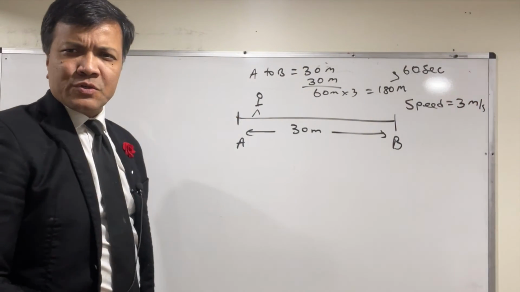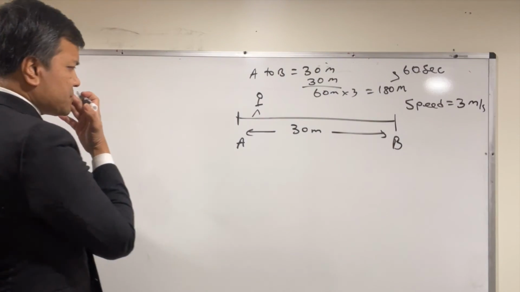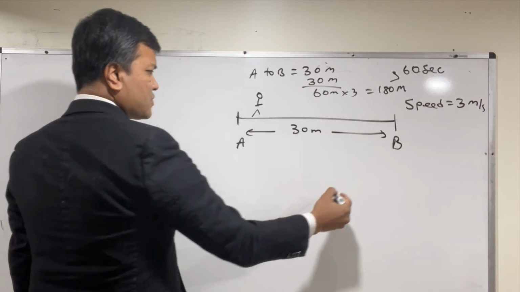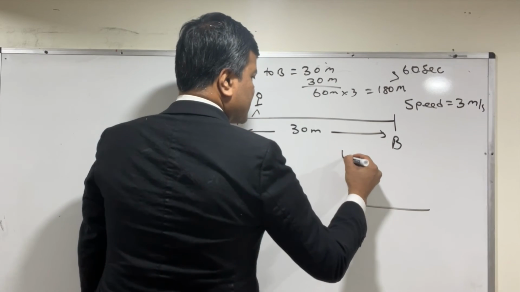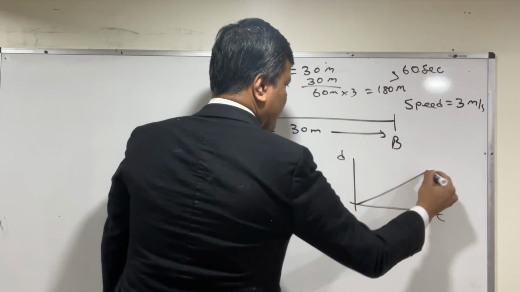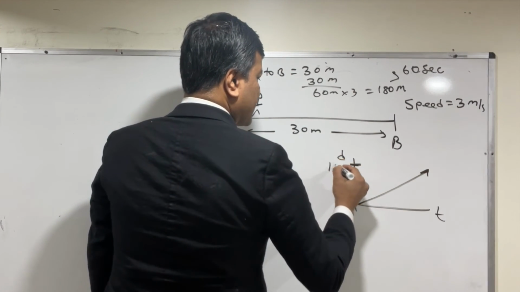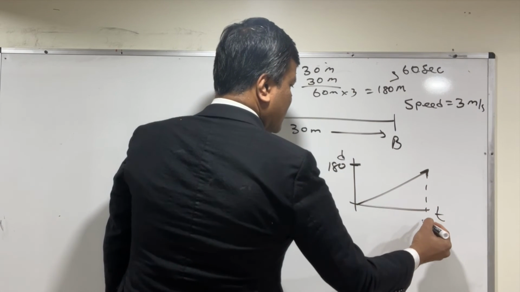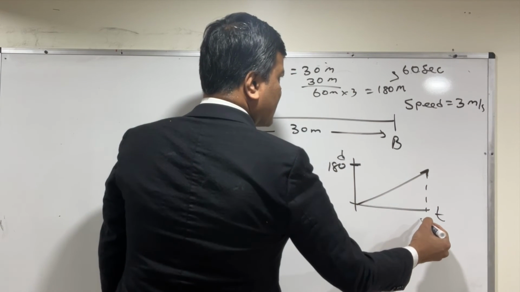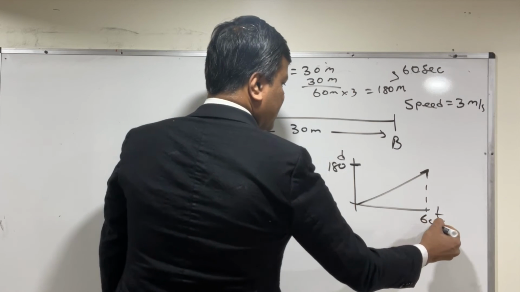All right, so what I want you to do is dt, vt, and at graph. So let's do the dt first. Dt, and this is 180. How much second? 60 second.